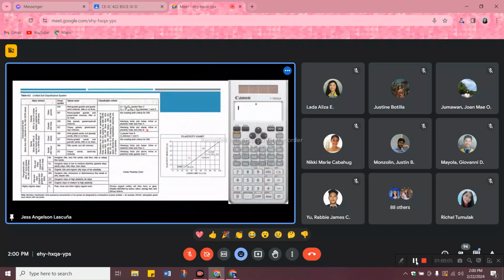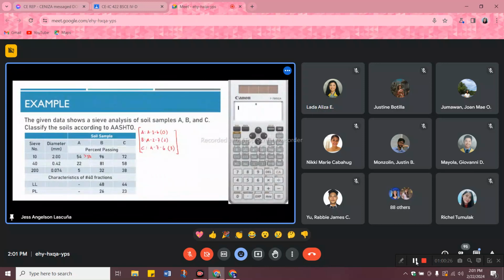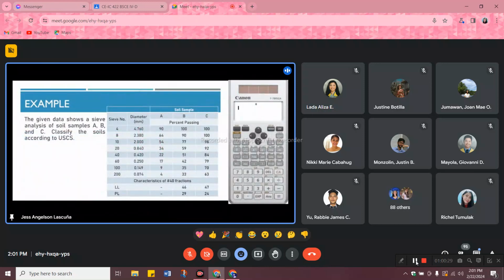Sige, so sa soil classification sa USCS process, ang imuhang first nga step is to determine the percentage of your number 200 sieve. The percent passing sa imong number 200 sieve. So, ato tanawon sa kuan, ato ang data if given ba siya. So, given siya, di ba? Na 200 rin.